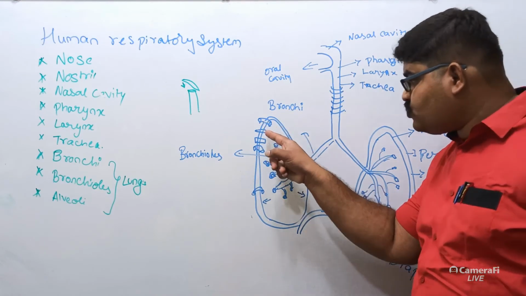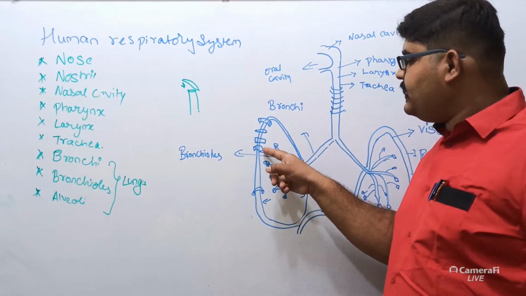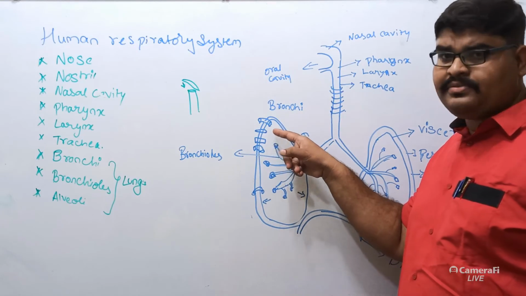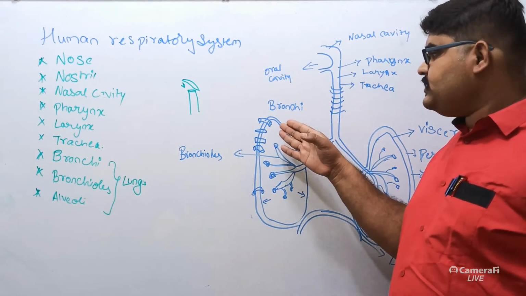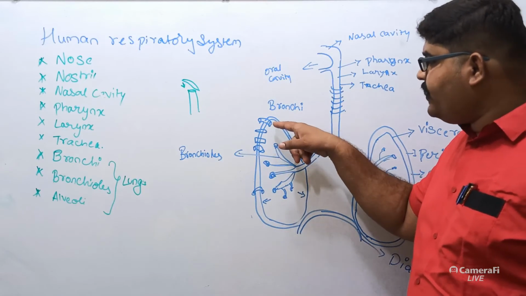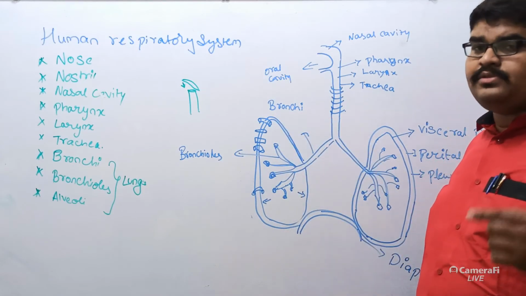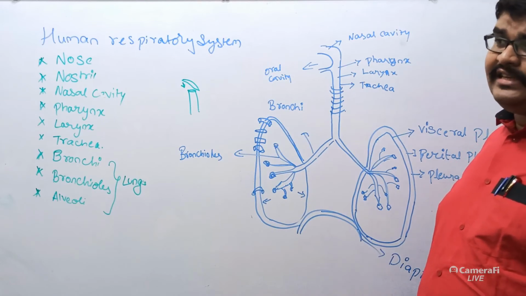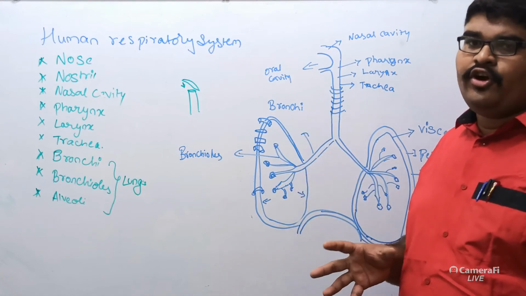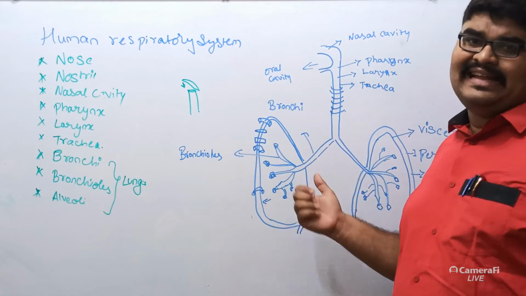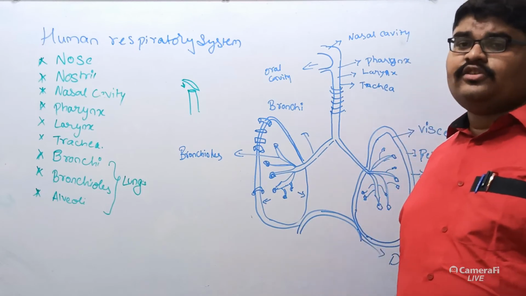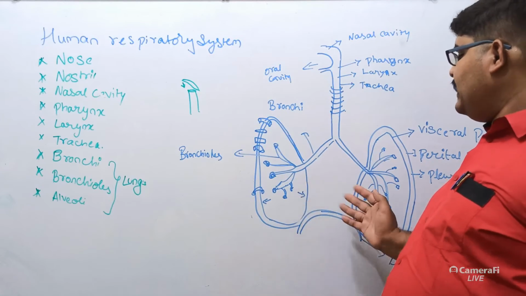In this diagram you can see these are the half parts of the ribs, which I have drawn to show you. So this is the rib cage, and between the rib cage and the lungs we have intercostal muscles. Then what is this rib cage meant for? It is meant to protect the lungs, which are the air sacs of our body, where exchange of gases takes place.